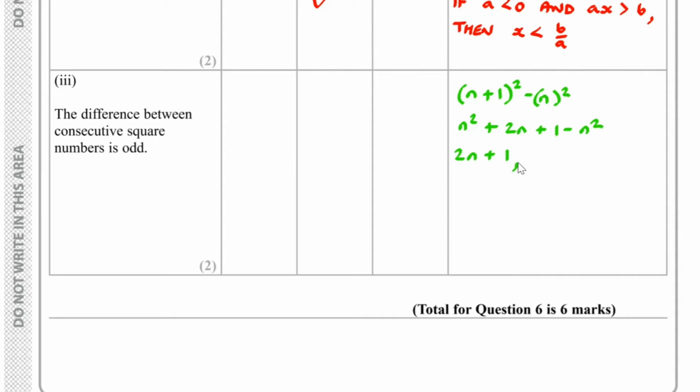And this result here, 2 times a number is even, plus 1 makes it odd, so this is odd. And it's odd for n belonging to the set of positive integers.